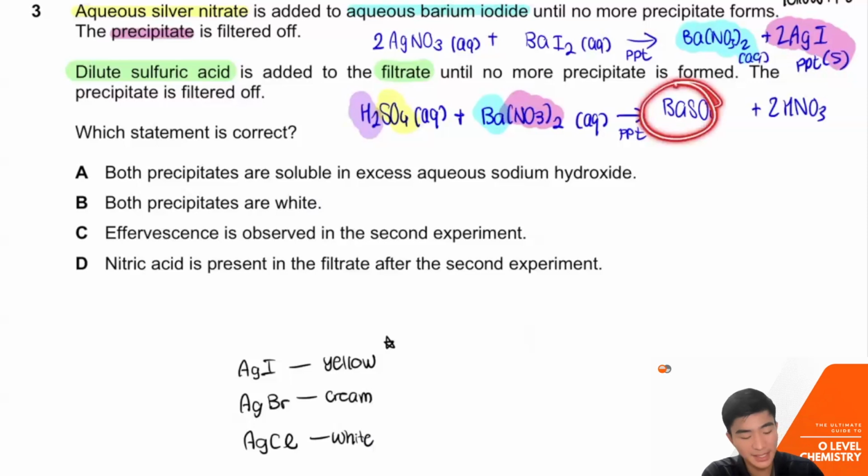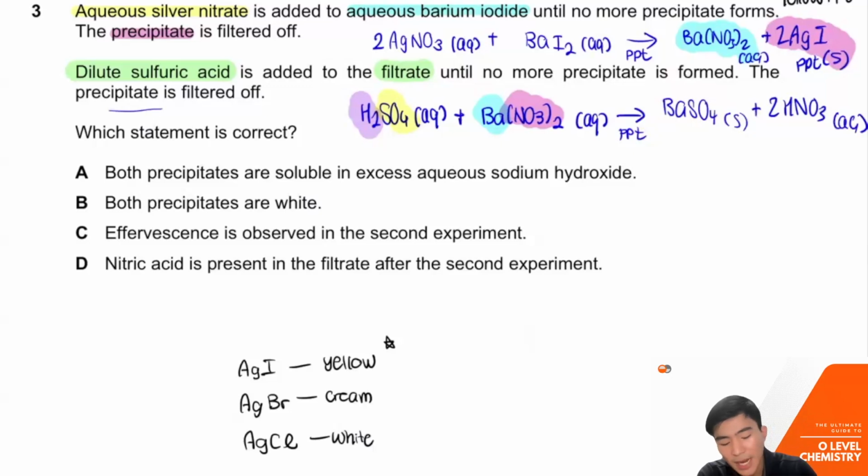This one is the precipitate. All right, so what happened? Precipitate is filtered off. This is a solid. This is aqueous. Now BaSO4, barium sulfate. You need to know that this is a white precipitate.